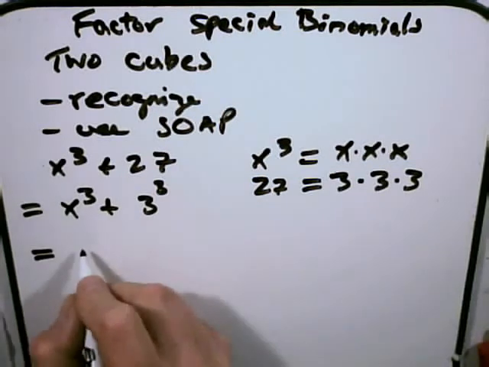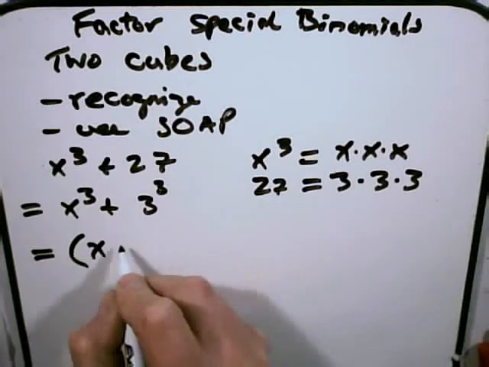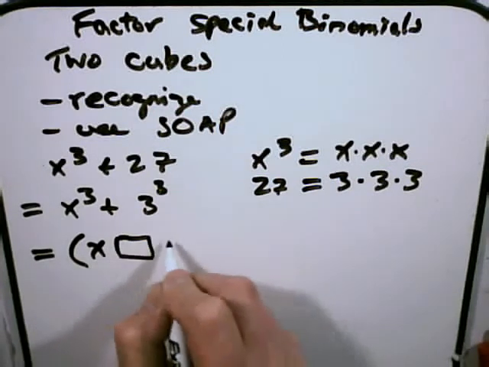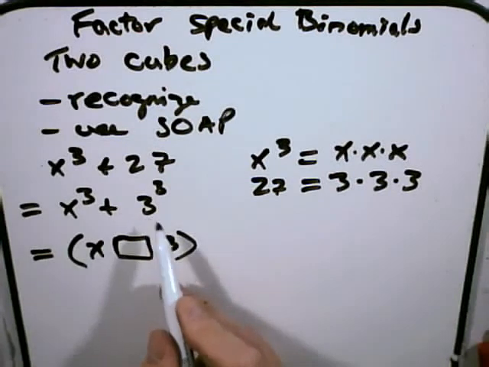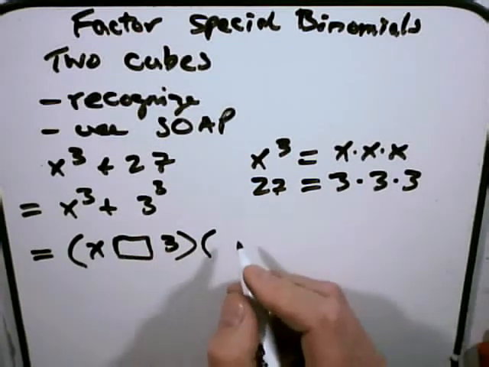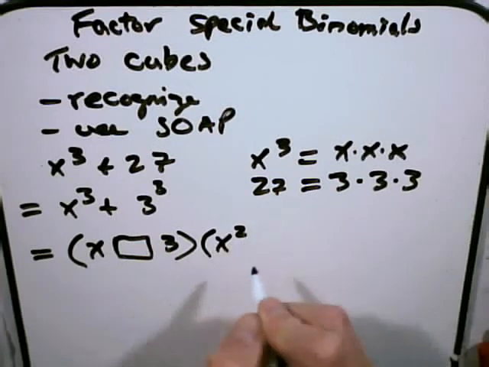All right, here's how we do it. I'm going to put x, and there's going to be some sign there with the 3. So I take the cube root of the first, the cube root of the second, and then there's going to be another factor, this time a trinomial.